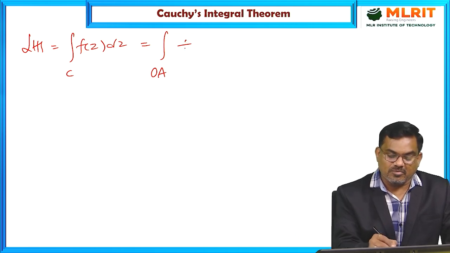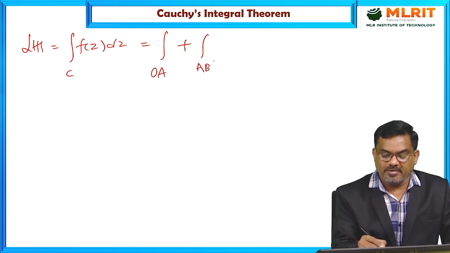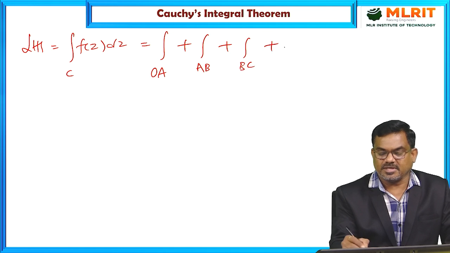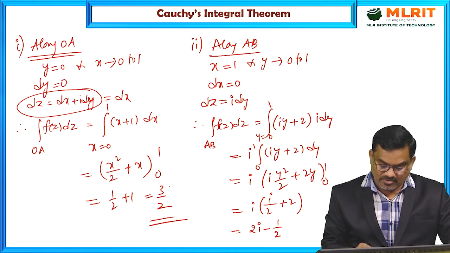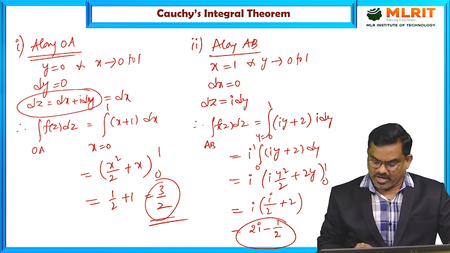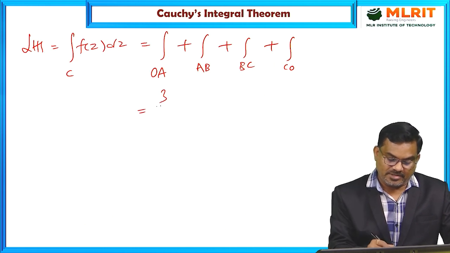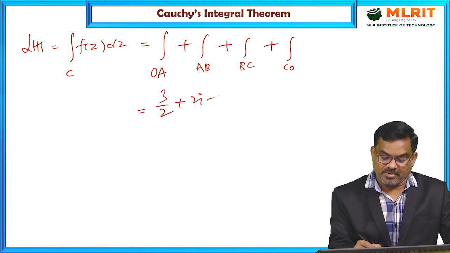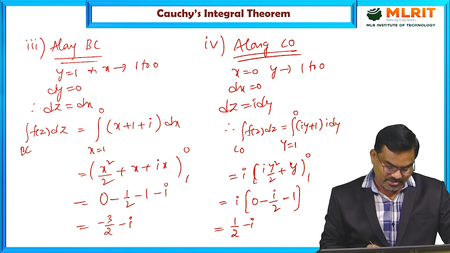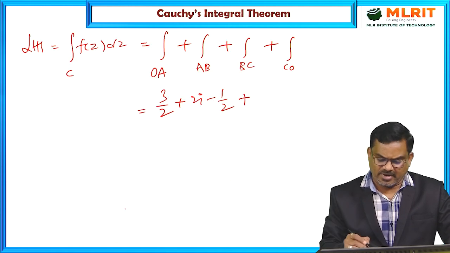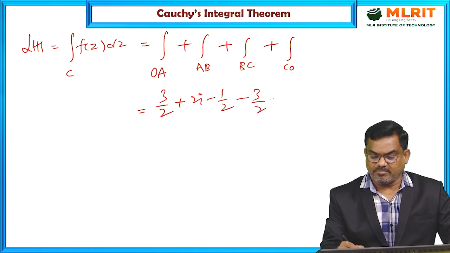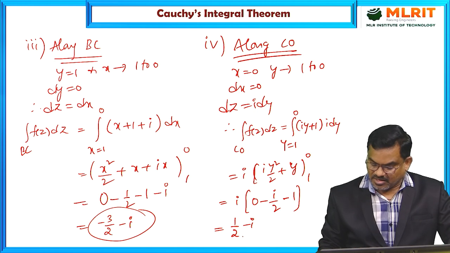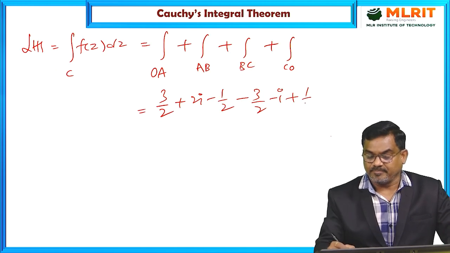So, along OA plus along AB plus along BC plus along CO. Along OA and AB, the values are 3 by 2 and 2i minus 1 by 2. So, 3 by 2 plus 2i minus 1 by 2. Along BC, minus 3 by 2 minus i. And the last one is 1 by 2 minus i.